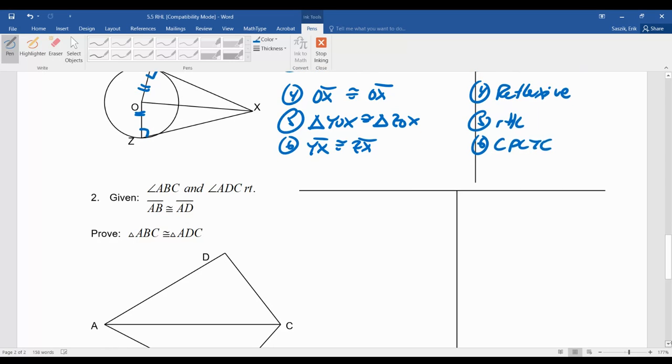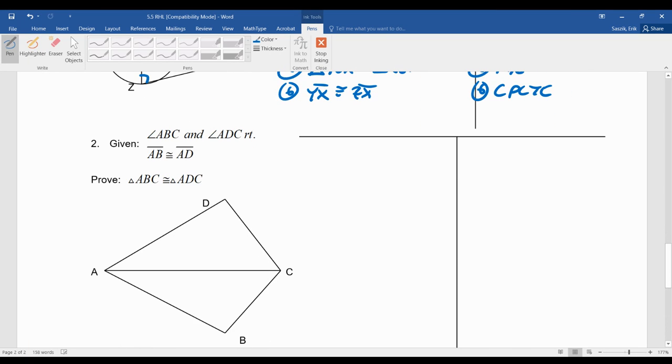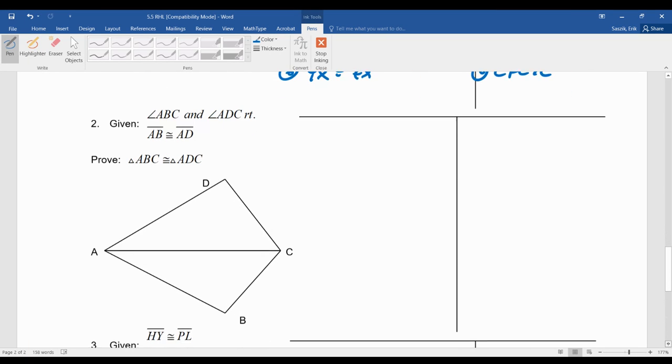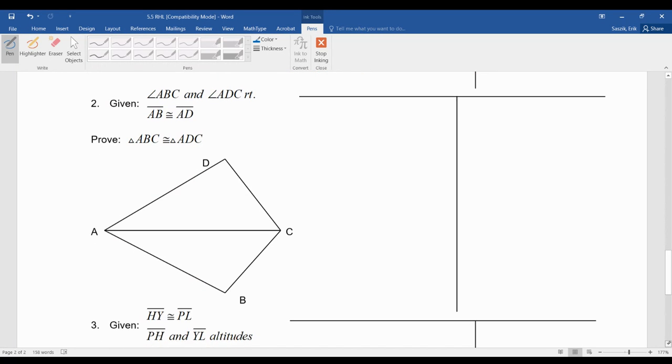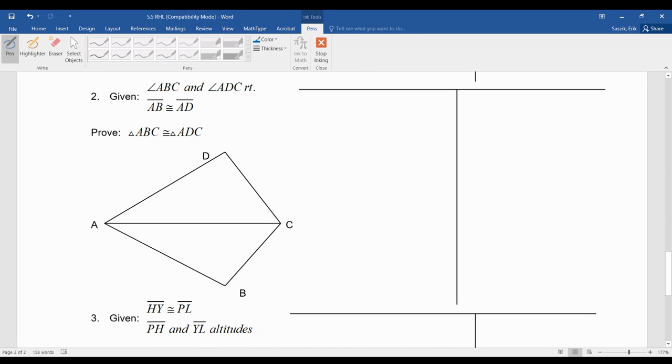Okay, so down here, now look, ABC and ADC are right angles. With what we just learned, we could prove these triangles congruent in just 3 steps, right?